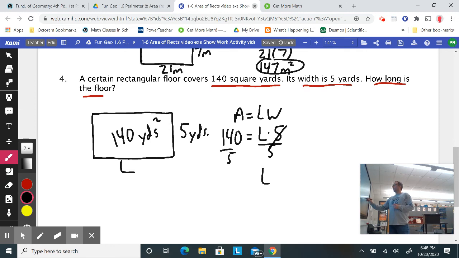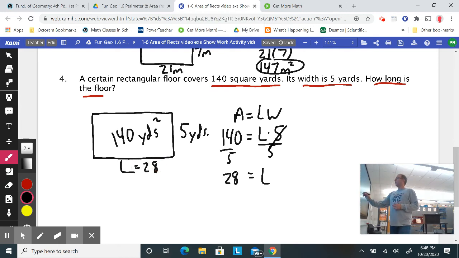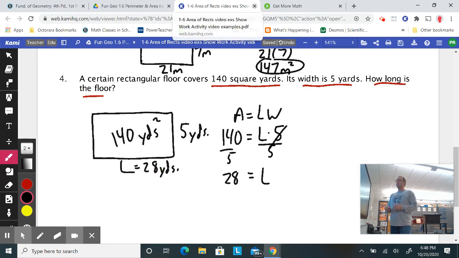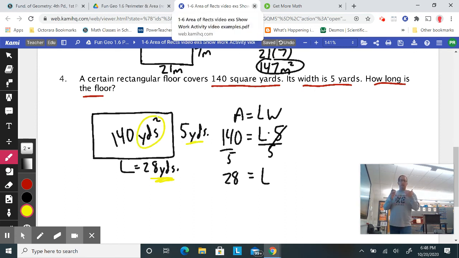So now the L is by itself, and 140 divided by 5, well, 100 divided by 5 is 20. 40 divided by 5 is 8, so you get 28. So the length is 28, so L equals 28, and it would be yards. So labeling it again, labels are important. Remember that the area is in square units, like yards squared, but then the length and width would just be regular units, like yards. So do your best in the practice assignment called Show My Work.